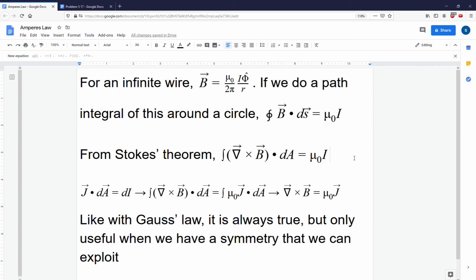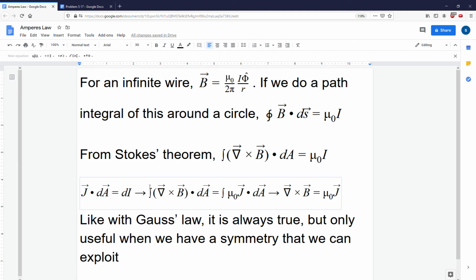Now, one more thing. This is true for just a given current. But current can be distributed out in 3 dimensions. If the current is distributed in a cylindrically symmetric pattern, then we can say that it has a current density, which we call J. And we can say that the total current is the integral of J dot dA.